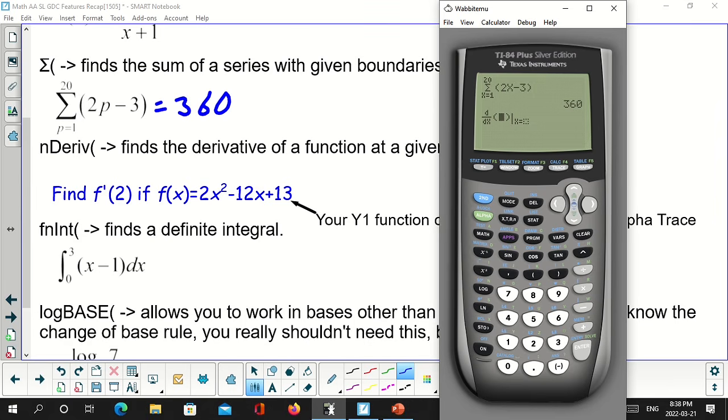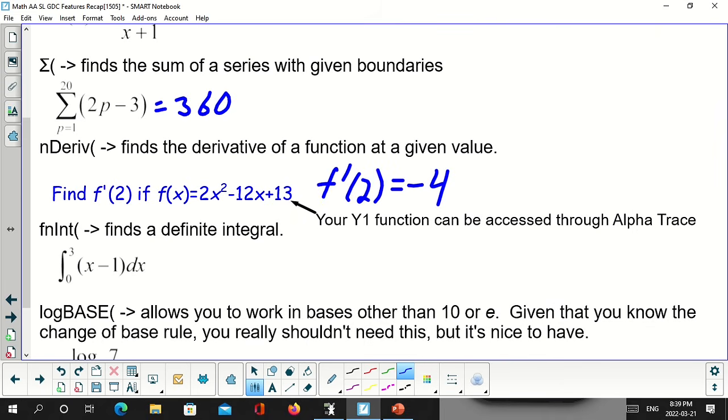Now another neat thing is that instead of writing in f of x again, I can hit alpha and then trace, and it gives me all of my y variables. So I've already defined f of x as my y1, so I'll just choose it there, and it will put it in. And lastly, I'll tell it at x equals 2. Let's see if this gives us the same answers we had before. Yep, we get -4. And it does say there your y1 function can be accessed through alpha trace.